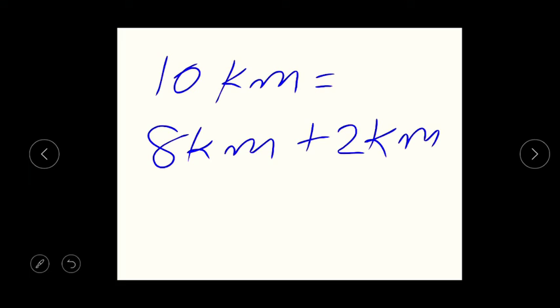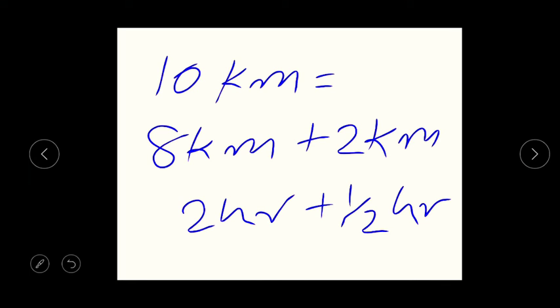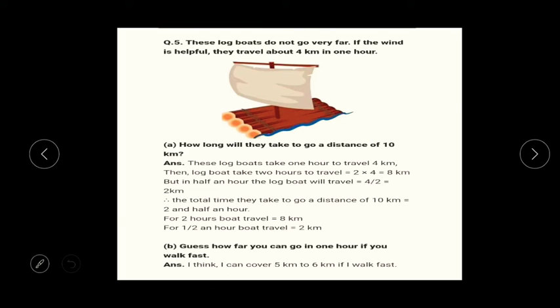For 8 km it is 2 hours, and for 2 km it is half hour. So we can say that for 10 km the total time required is 2.5 hours. Okay student, is it simple? We have just added a time required to travel 8 kilometer and time required to travel 2 kilometer. Is it simple? Very good.